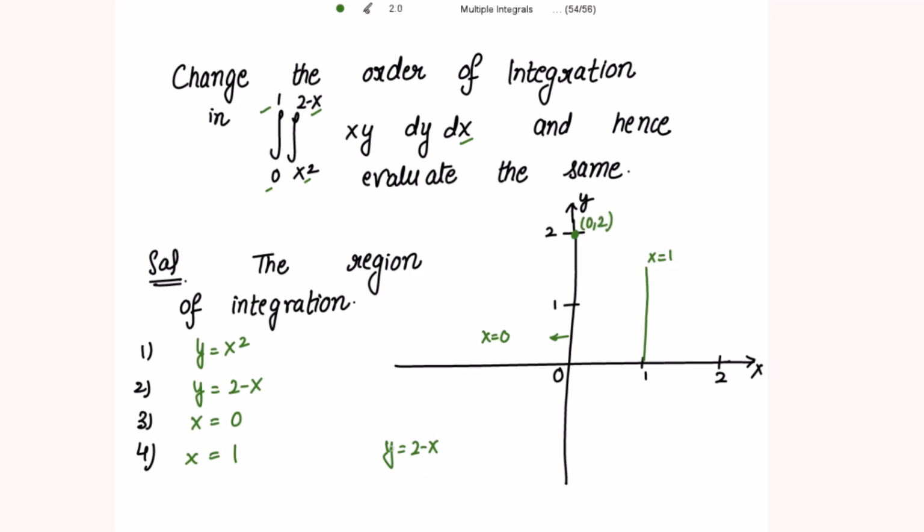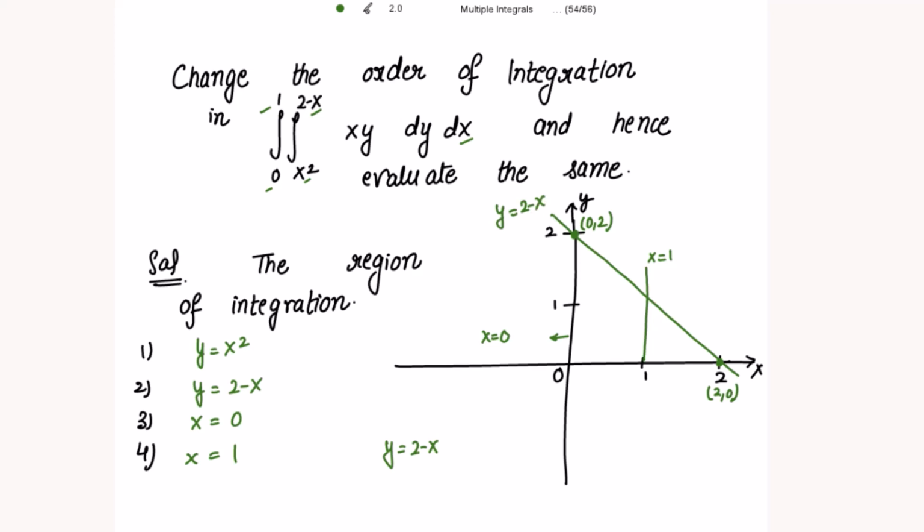And if y equal to 0, I get x is equal to 2. So the other point is this. Making the line by joining these 2 points, this is the line for y is equal to 2 minus x.